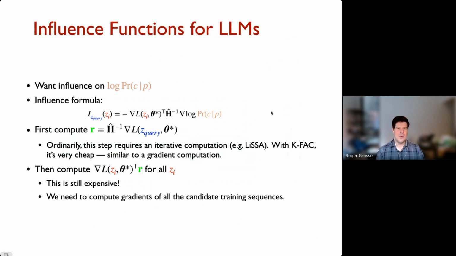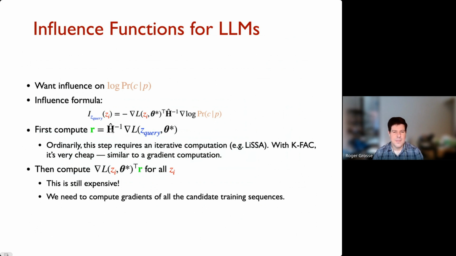So if you take what I said literally, the most natural way to compute this might seem to be first compute the parameter influence, and then dot that with the query gradient. But it is typically more efficient to do it the other way around. So we first compute this product in the other direction.